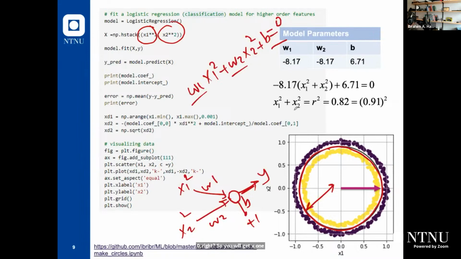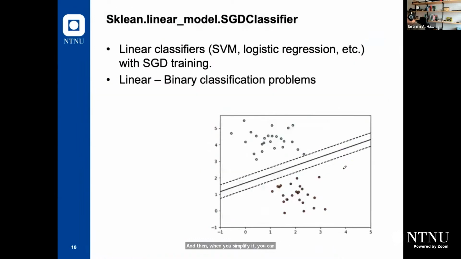So finally, you will have this equation x1 squared plus x2 squared equals 0.91 squared. This one will be the radius. So this radius here will be 0.91. So it's very easy to explain, right? When you play with those features, you can simplify your problem, and when you simplify it, you can select a very, very simple model, and you will avoid lots of problems.